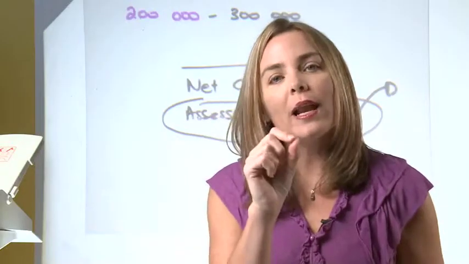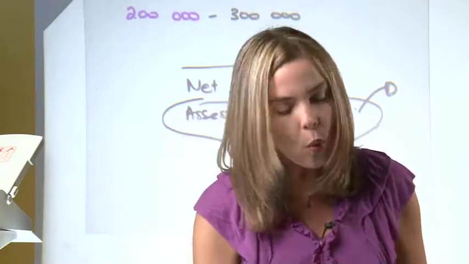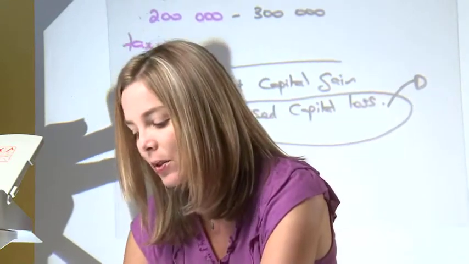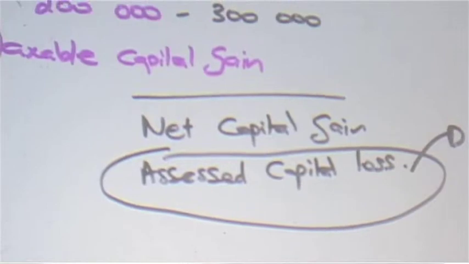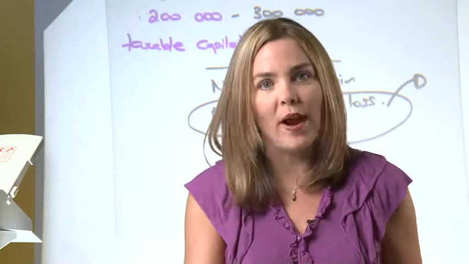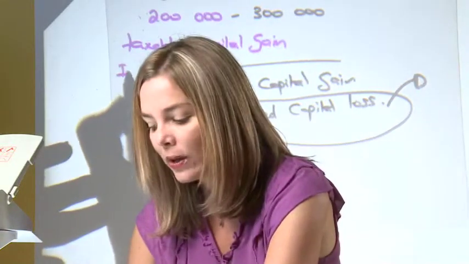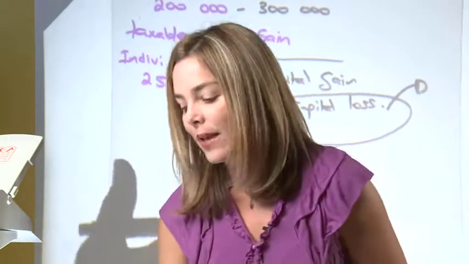But what we did realize was that if we had a net capital gain, in order to turn that net capital gain into a taxable capital gain and include that taxable capital gain into our taxable income, we had to multiply that net capital gain by what was known as the inclusion rate. Now remember, if we were looking at an individual, that inclusion rate was 25%.